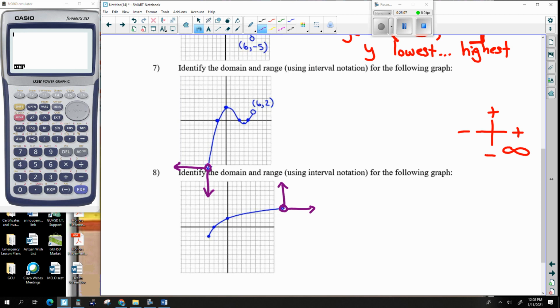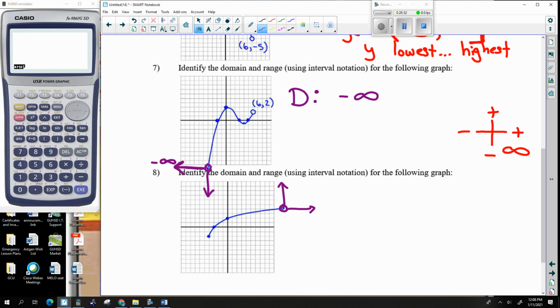Taking a look at number 7, let's go ahead and figure out this domain. So what's the leftmost? The leftmost of this is the arrow, which is negative infinity. Infinity is smaller or bigger than anything, so this picture technically begins at negative infinity. That's the left.